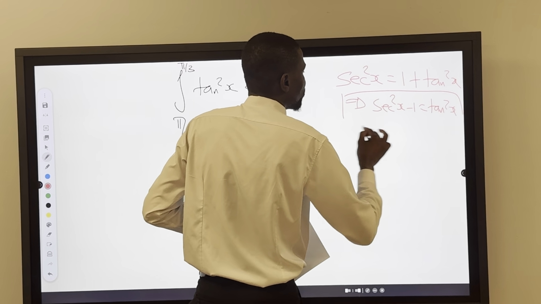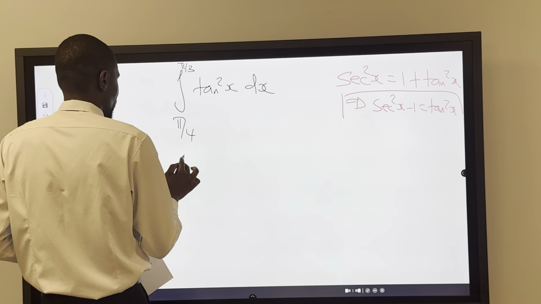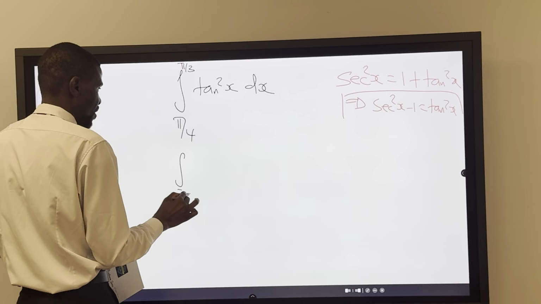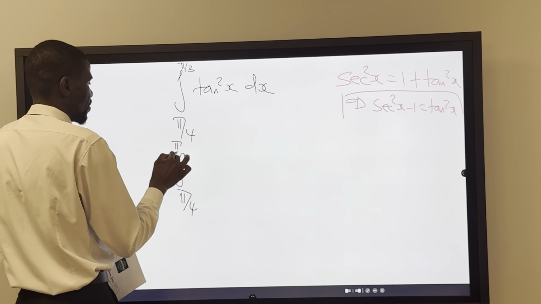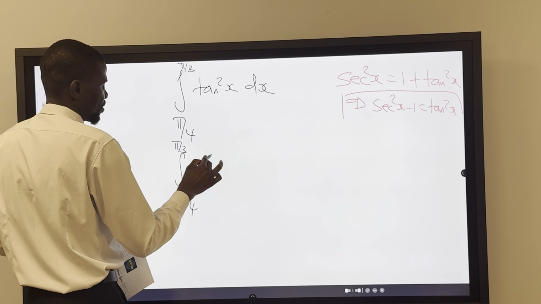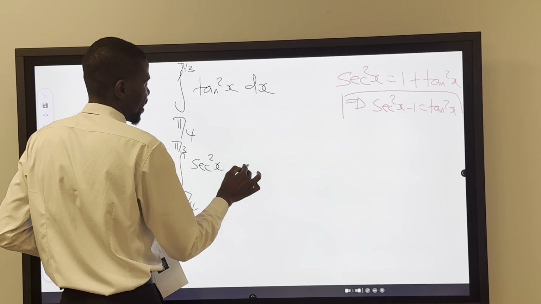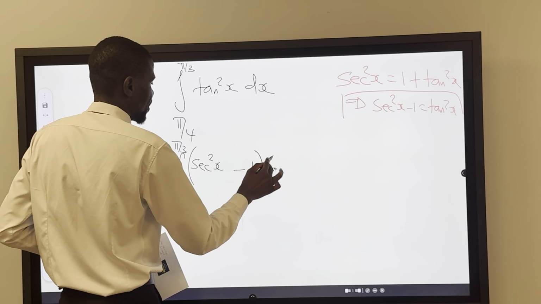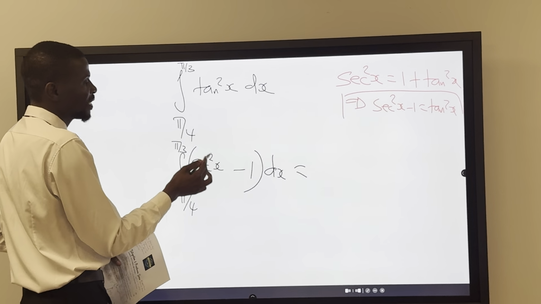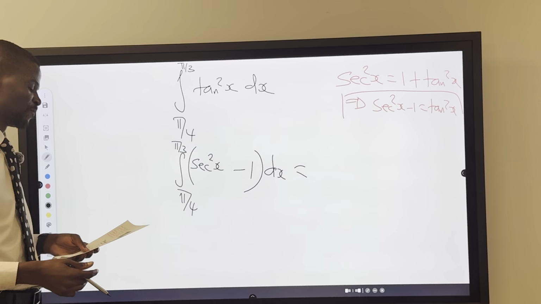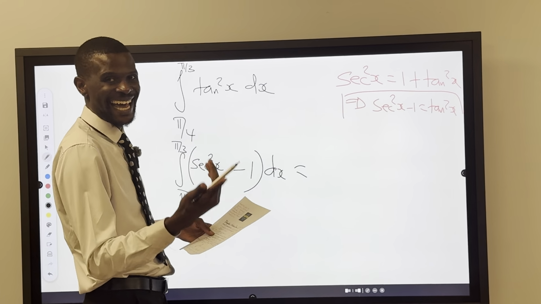So this is what we are going to use. So now we are going to integrate from pi over 4 to pi over 3 sec squared x minus 1 with respect to x.